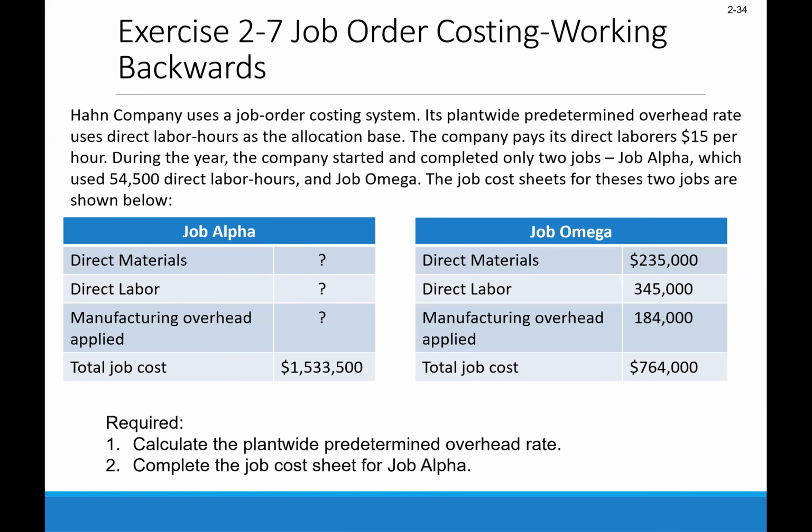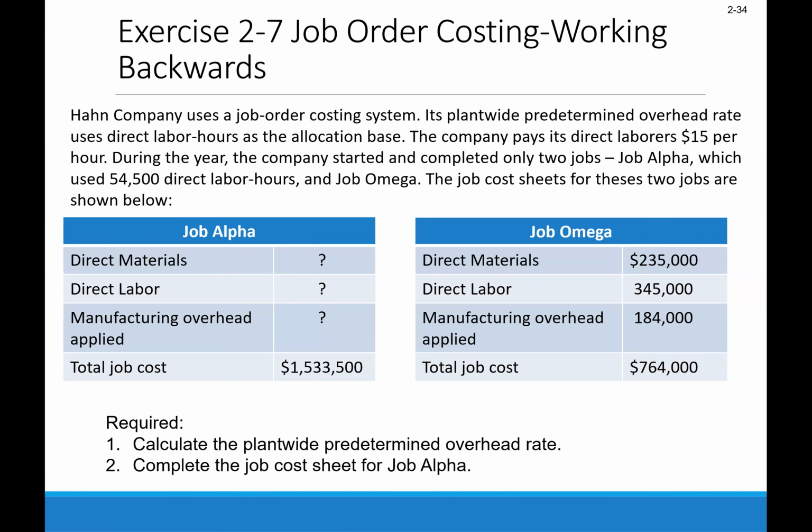So here we've got the total job cost. Right now, we know that they're getting paid $15 an hour. So we could figure out how many direct labor hours are associated with Job Omega. I'm just kind of talking this out here.